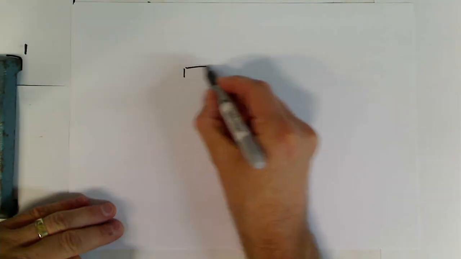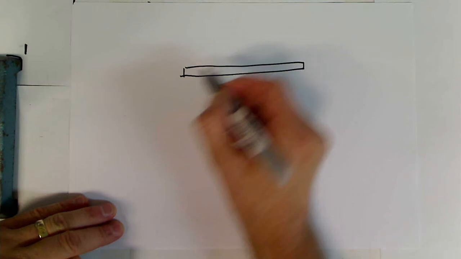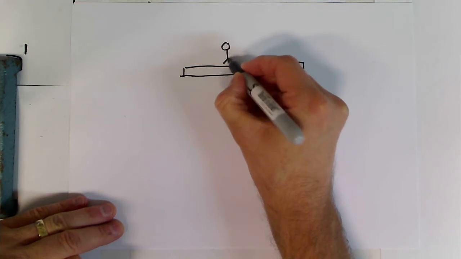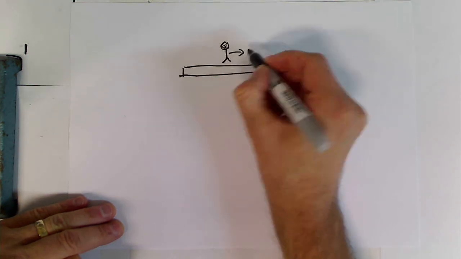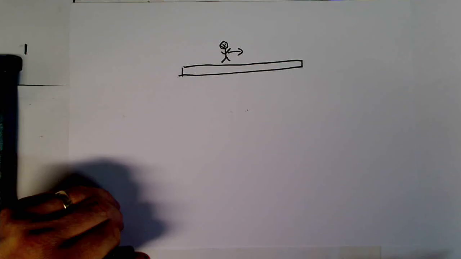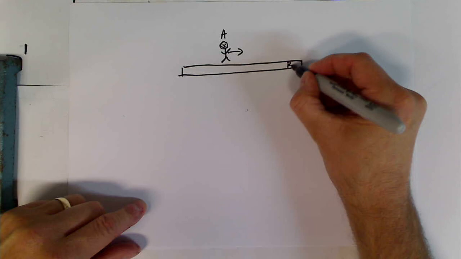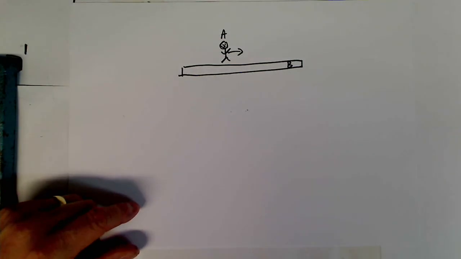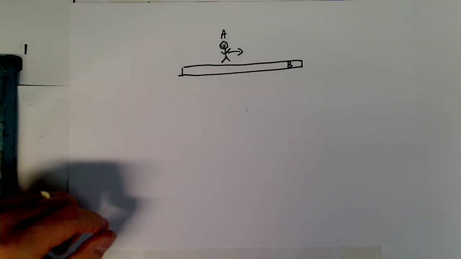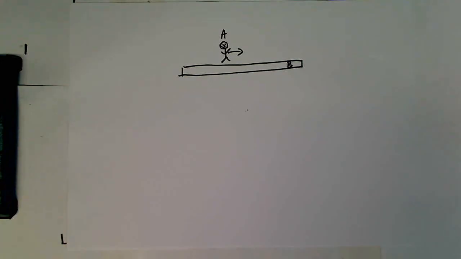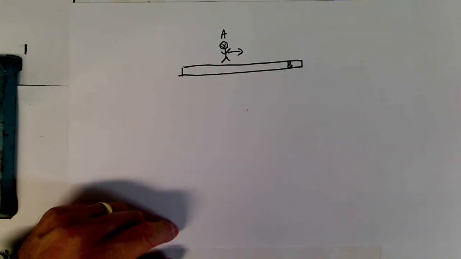What if we've got a situation like we had in one of the problems I gave you, where we've got a girl walking on a plank? We can call her A, and we'll call the plank B. We could give you velocities for those things relative to the ground, or we could give you the velocities relative to each other.